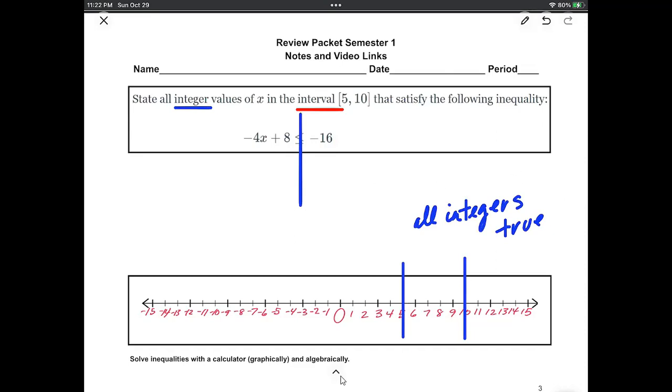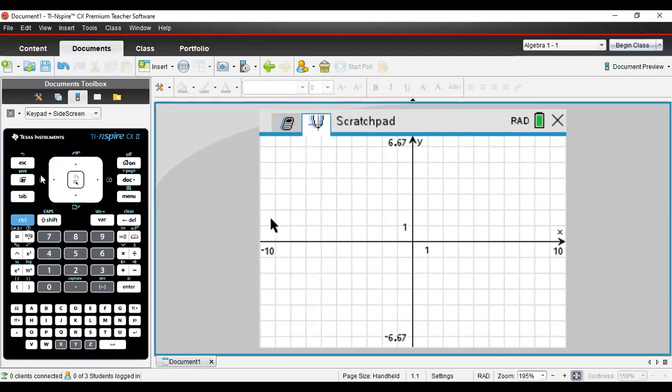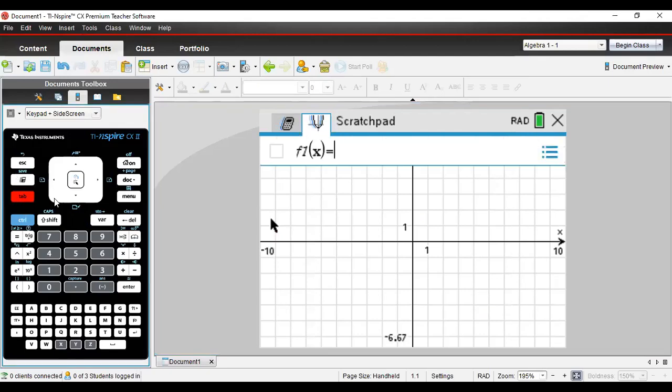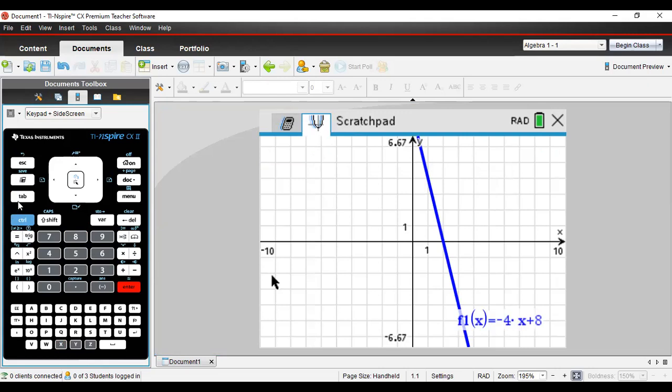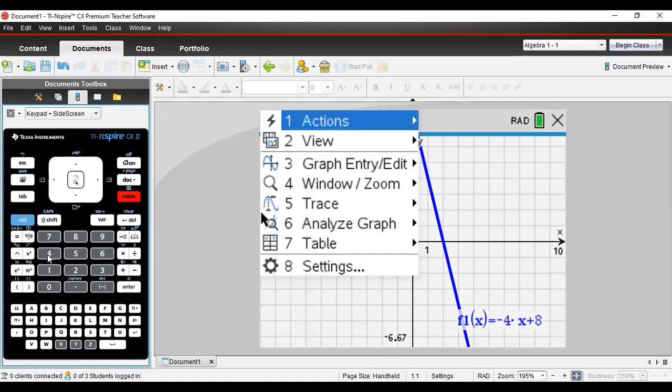We get the calculator. We go here to the graph, press tab, and we're going to enter a negative 4x plus 8. Press enter. There's one line. Then we press tab, and we enter a negative 16. We don't see it in the window, so we're going to zoom out, menu 44.